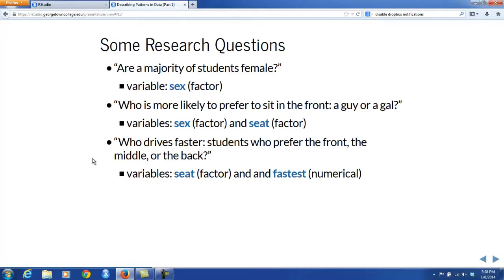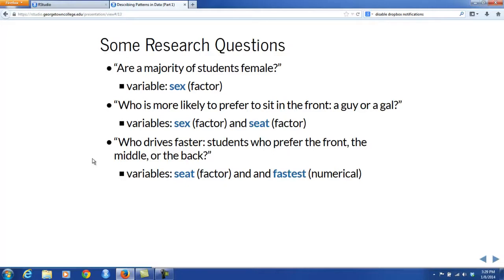Another example of a research question: who's more likely to prefer to sit in the front, a guy or a gal? Now here, we're asking a much more interesting research question, I think, one about the relationship between two variables. The variables at hand are sex, which is a factor variable, and seat, where do you prefer to sit in class, front, middle, or back?